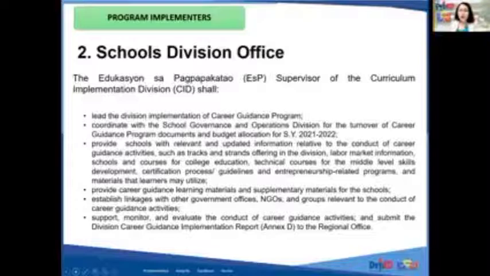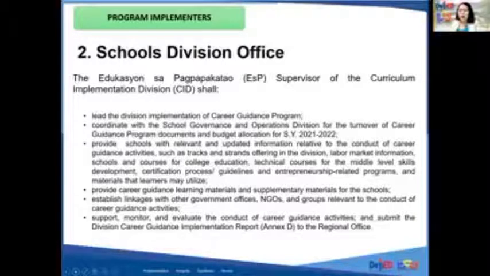And then, provide schools with relevant and updated information relative to the conduct of career guidance activities, such as tracks and strands offering in the division, labor market information, schools and courses for college education, technical courses for the middle level skills development, certification process or guidelines and entrepreneurship-related programs and materials that learners may utilize.